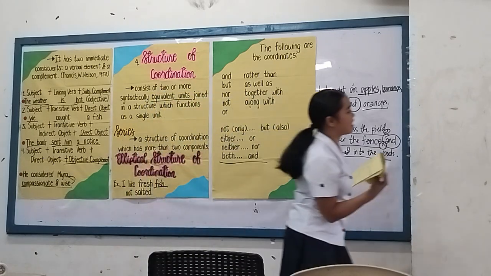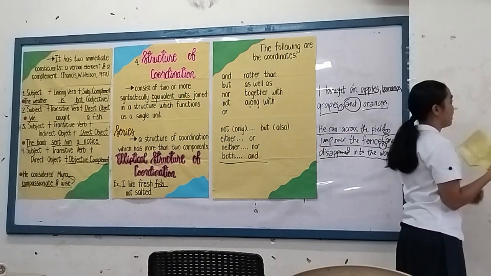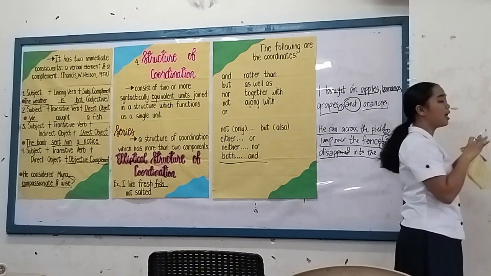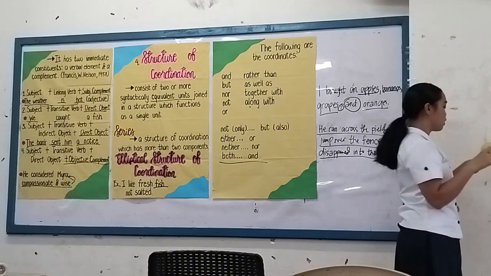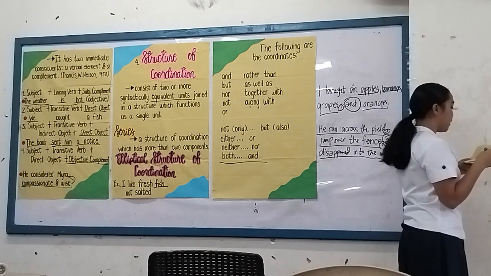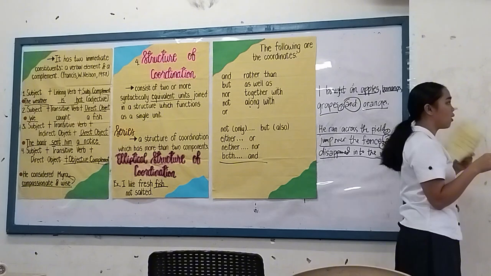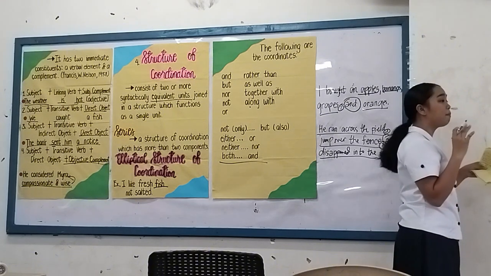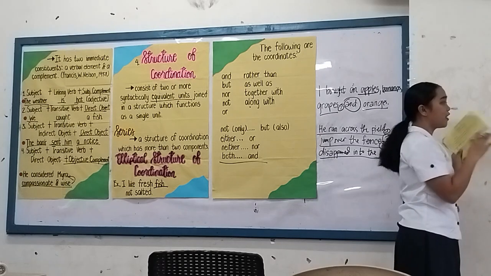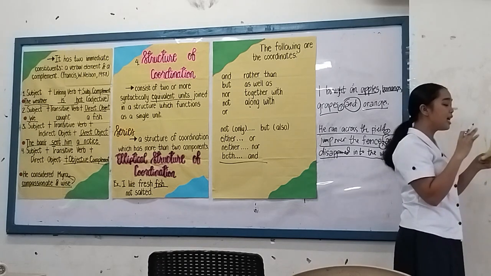And then next is the split structure of coordination. When you say split structure, from the word split, it means the parts of the sentence are separated. It is when you have two parts of the sentence joined together, but the word that joins them, what we call the coordinator, is not always in the middle. So it is not in the middle; it is separated. Instead, it is not just in the first part or in the second part.